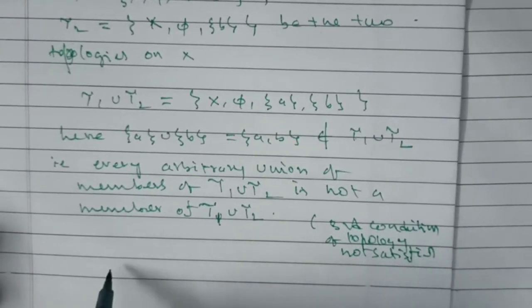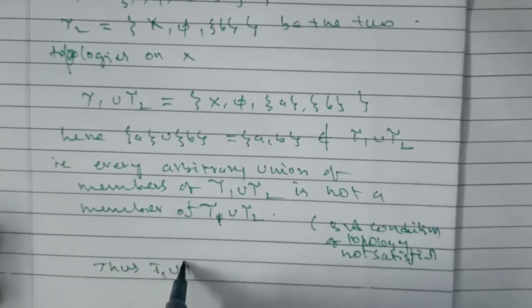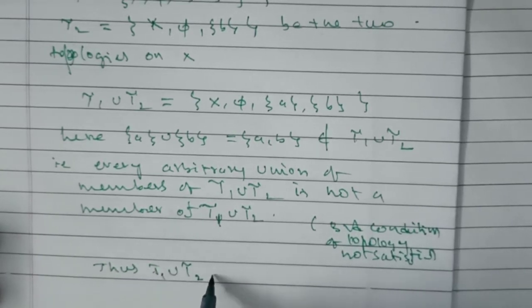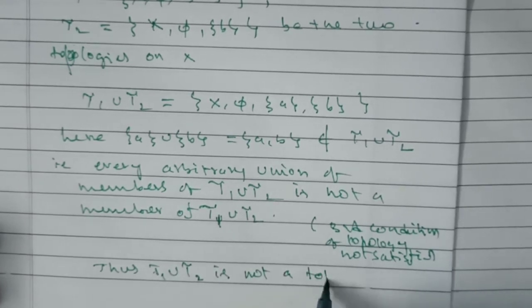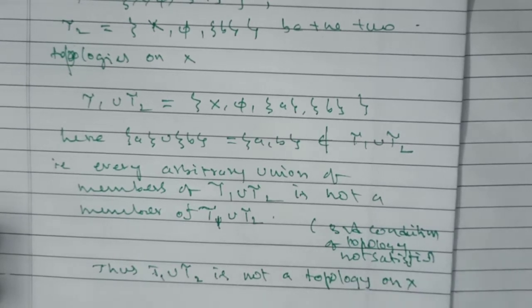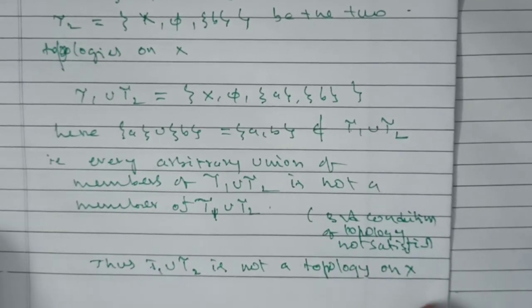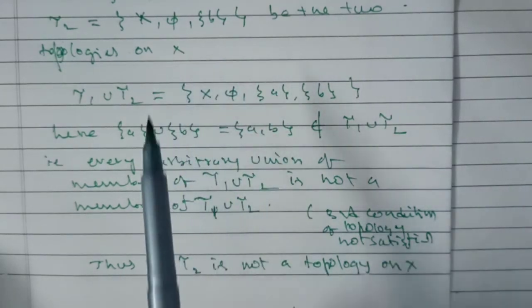Thus tau 1 union tau 2 is not a topology on X. Tau 1 union tau 2 is not a topology on X, by verifying the given set and the two topologies defined on X.